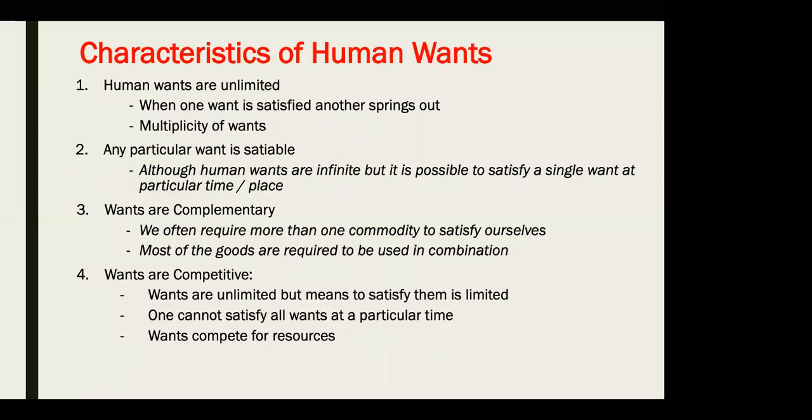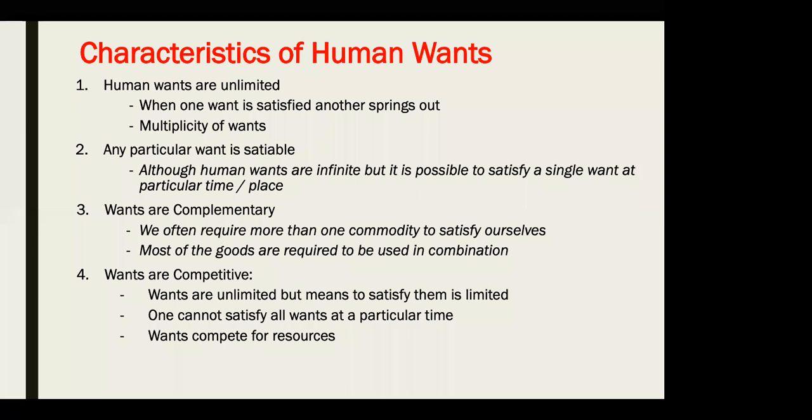Characteristics of human wants: wants are unlimited. If one want is satisfied, another springs up, and any particular want is satiable. Although human wants are infinite, it is possible to satisfy a single want at a particular time. Wants are complementary. We often require more than one commodity to satisfy ourselves.